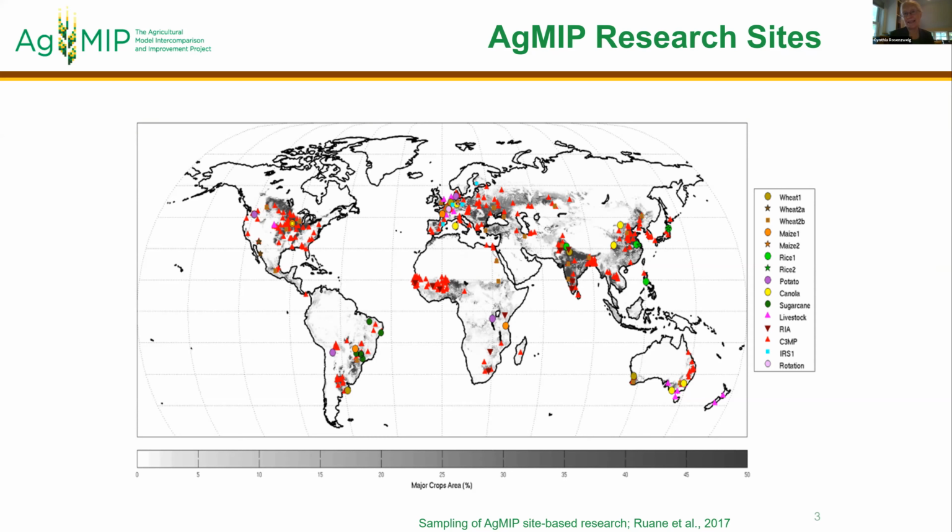There are even more places, but you can see that AgMIP truly is a worldwide network, bringing together not only modelers but experimentalists and experimental data from all over the world to conduct these integrated assessments to provide a rigorous evidence base for policymakers and decision making around, in particular, adaptation to climate change.